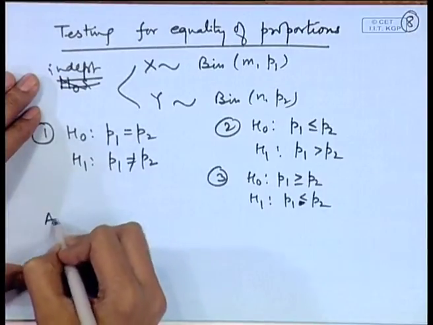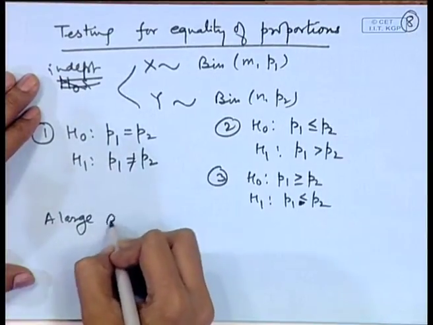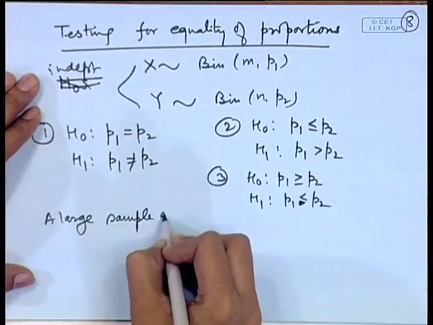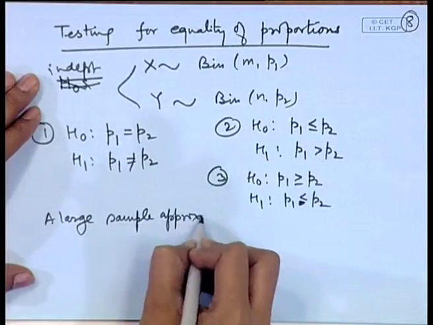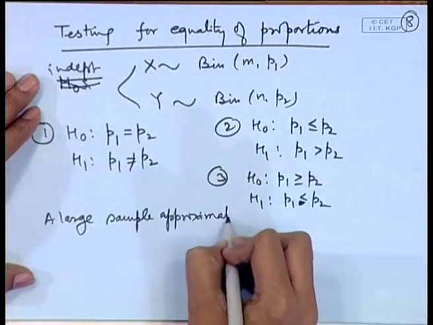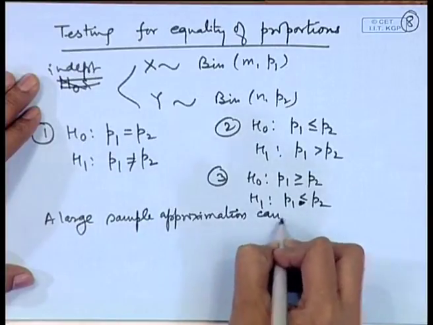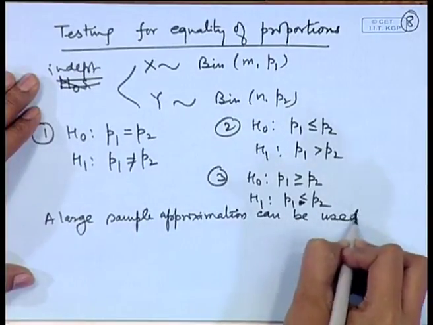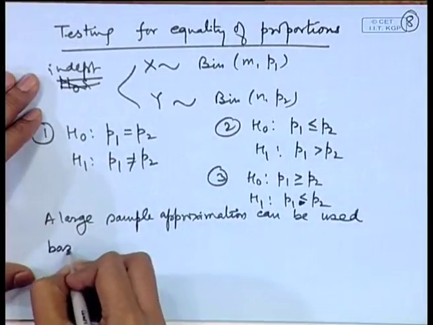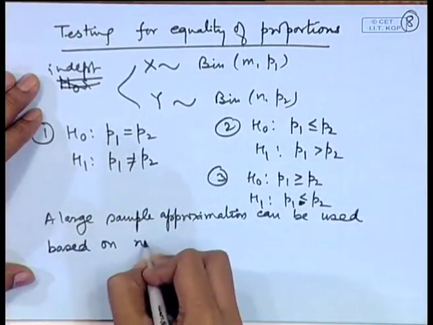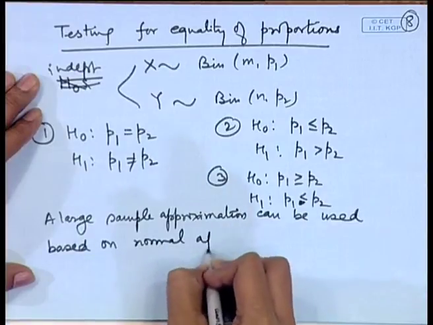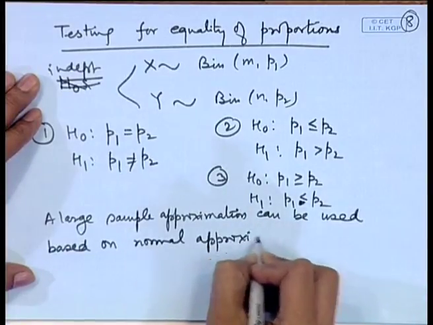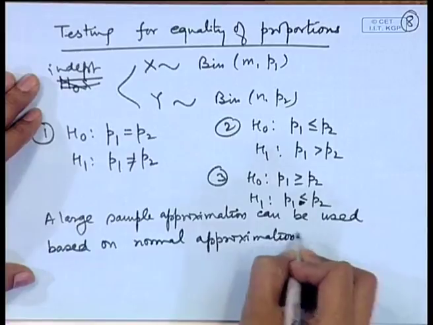A large sample approximation can be used, based on normal approximation to binomial.